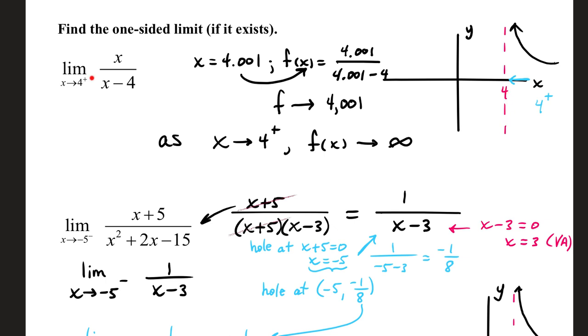Since we're asked to find the limit from the right side, when we approach 4 from the right, we can plug in values like 4.1, 4.01, 4.001. That's the value that you gave me in class. When we sub that in, you start getting a really large function value, and that tells me at that asymptote on the right side of it, the graph will increase infinitely.